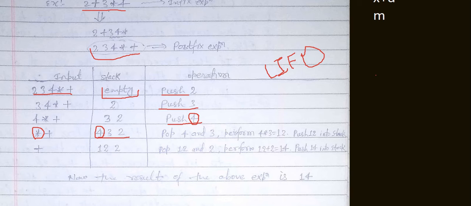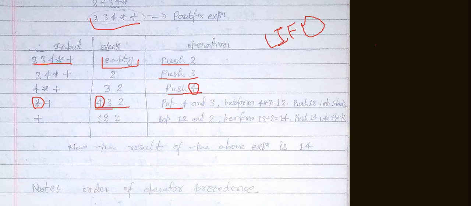Here the previous two operands are 4 and 3. You can see the explanation: pop 4 and 3 and perform 4 into 3, which is 12, and then 12 is pushed back into the stack. After the push, the stack will look like this: 12 2.